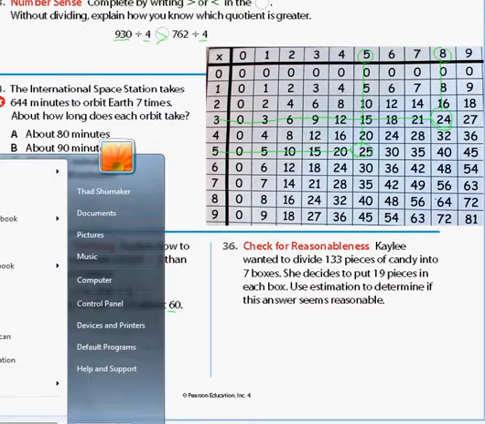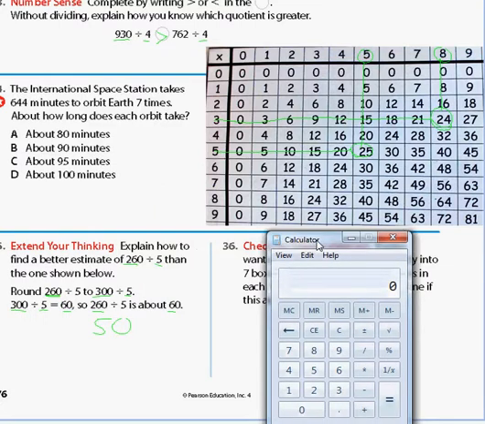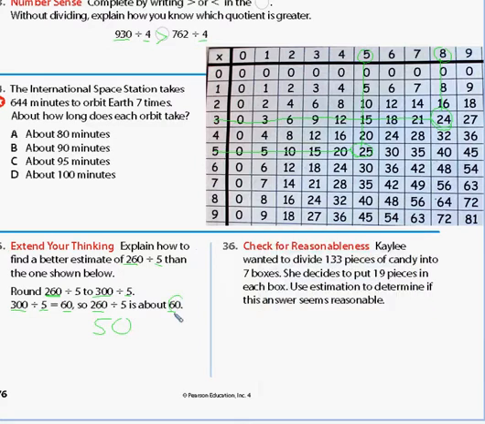See if the calculator shows up when I do this. So we're going to say that 260 divided by 5 equals 52. And 52 is actually closer to 50 than 60 was. So our estimate was better, 50.